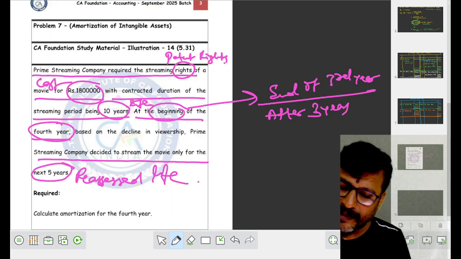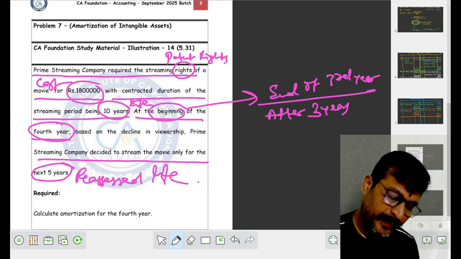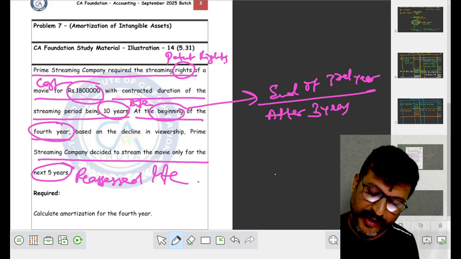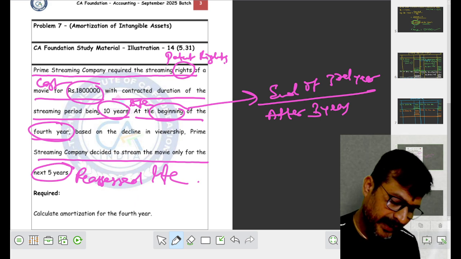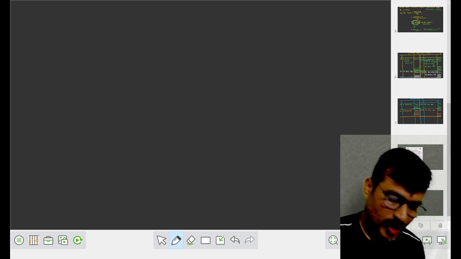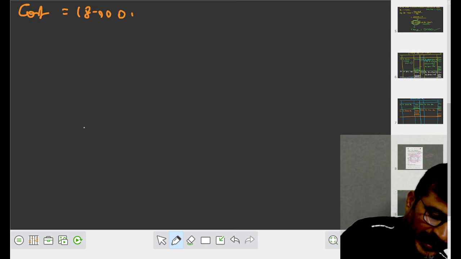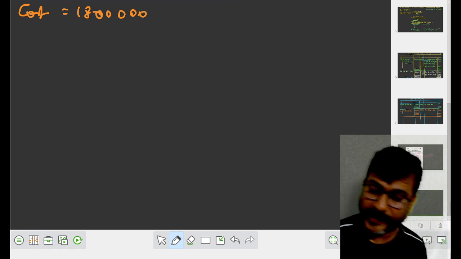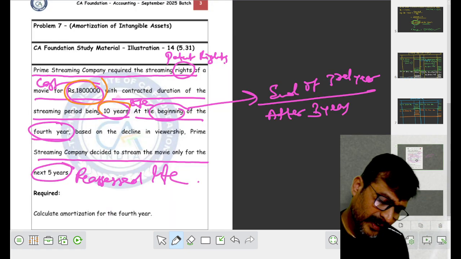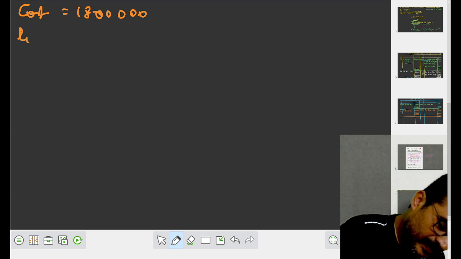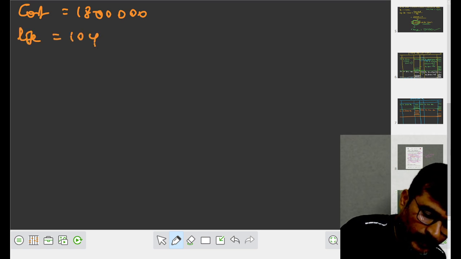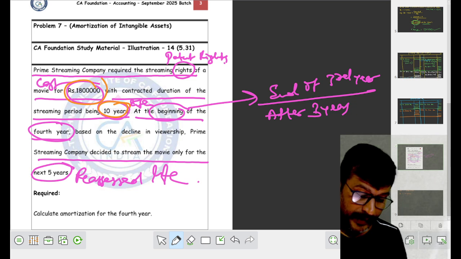Okay, fine. Let me start from the beginning. Prime streaming company required to stream the right cost 18 lakh. Cost kitna hai? Cost is 18 lakh. Fine. Life 10 years. Fine.